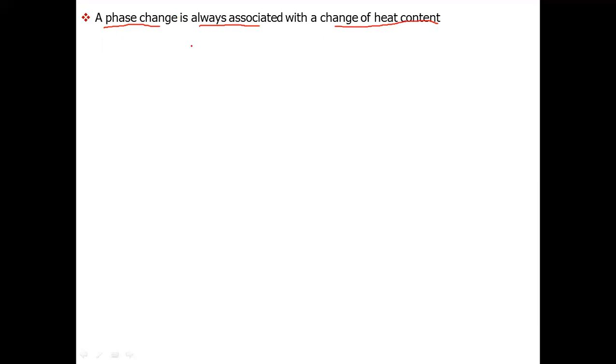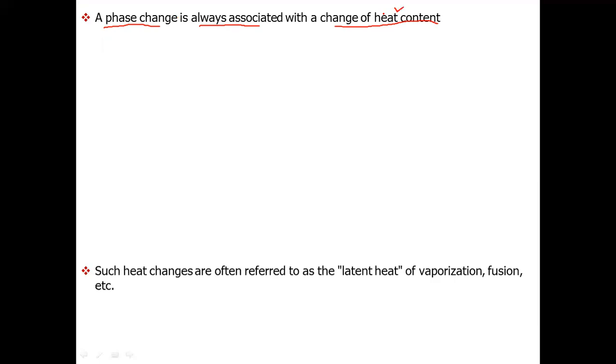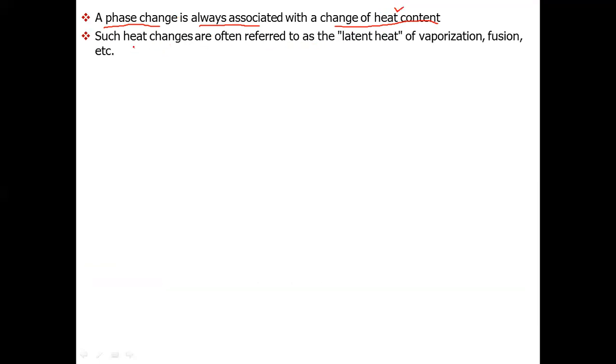Suppose we have to convert a solvent from liquid to vapor state, then we have to apply some heat. Such heat changes are termed latent heat. If it is boiling, it is called latent heat of vaporization. If it is melting, it is called latent heat of fusion, etc.